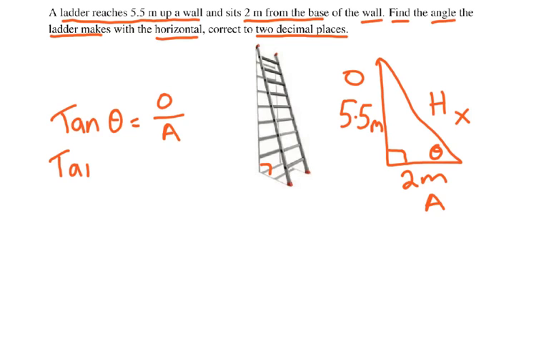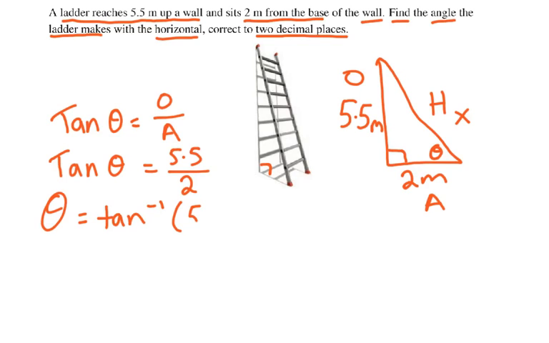I'm trying to find theta, so that stays as is. My opposite is 5.5 and my adjacent is 2. Theta is equal to tan minus 1, 5.5 divided by 2.